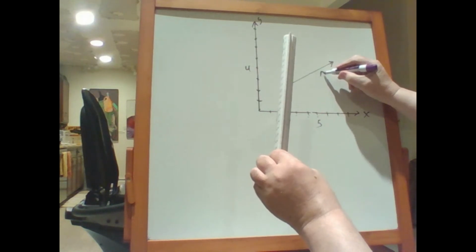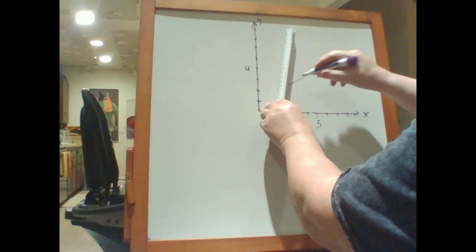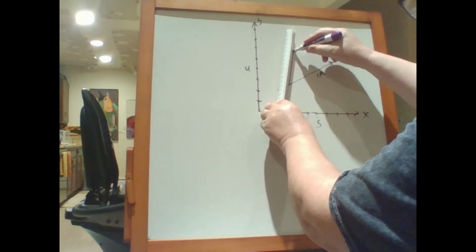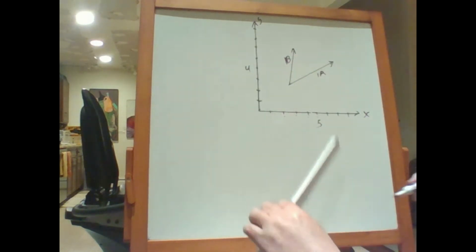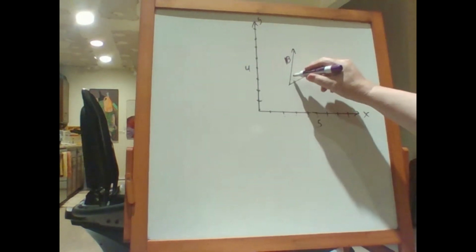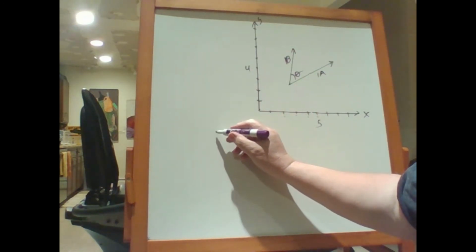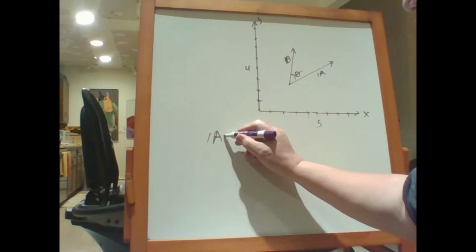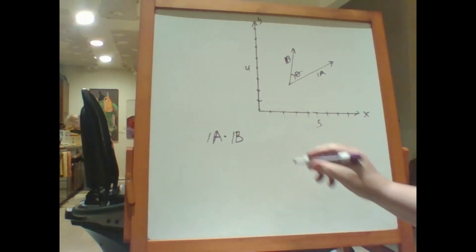Let's say that's A, and we have vector B, and we have an angle between them. And we say, what is A dot B? That's called a dot product.